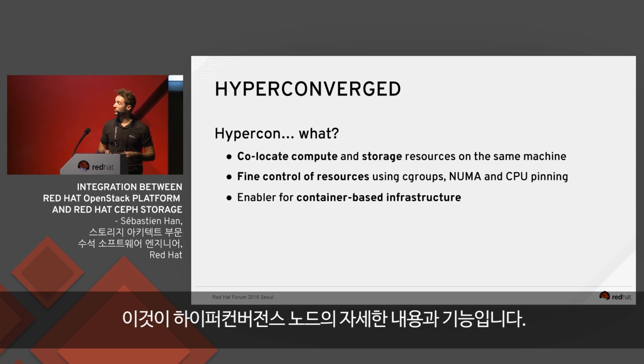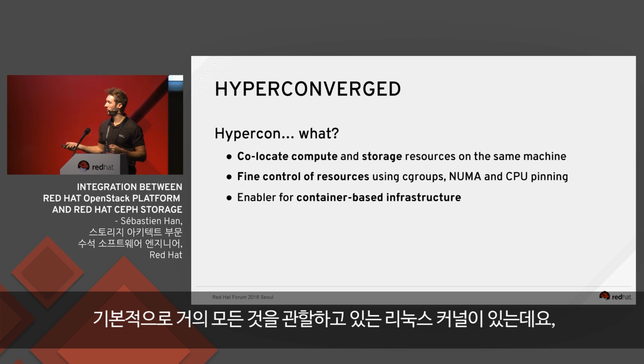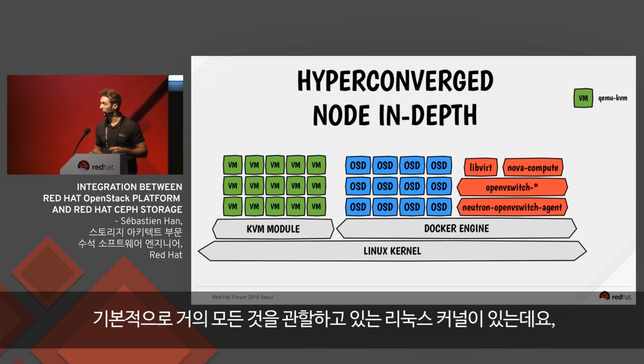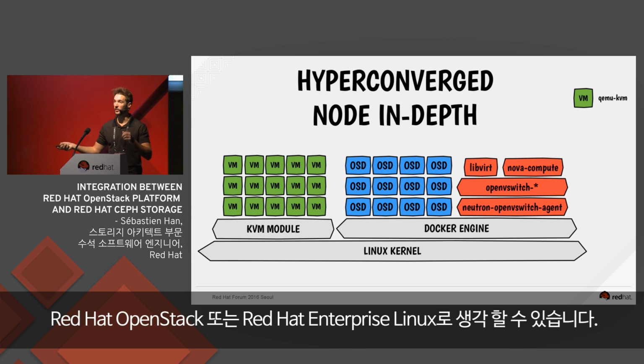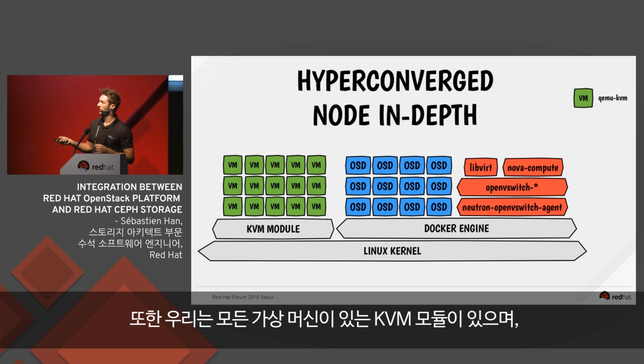So here's the hyperconvergence node in depth, and this is how it looks. At the very bottom, you have the Linux kernel responsible for everything. And I'm saying Linux kernel, but you can just picture this as Red Hat Enterprise Linux. Then we have the KVM module, where we have all the virtual machines.